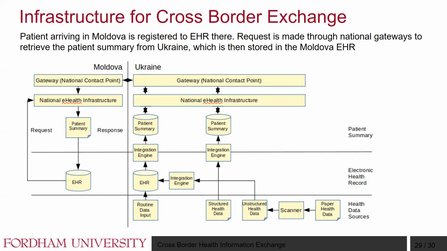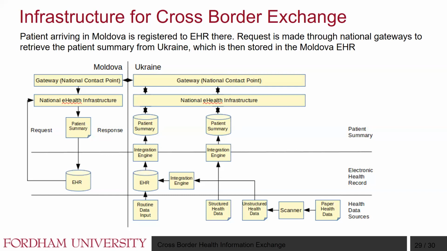The main issue is that to get a European patient summary in digital form, there are some issues about the national gateways, which in the architecture are called national contact points. The issues there are both legislative, because obviously legislation is different in the different European countries, even though all part of the EU, and Ukraine and Moldova aren't in the EU.